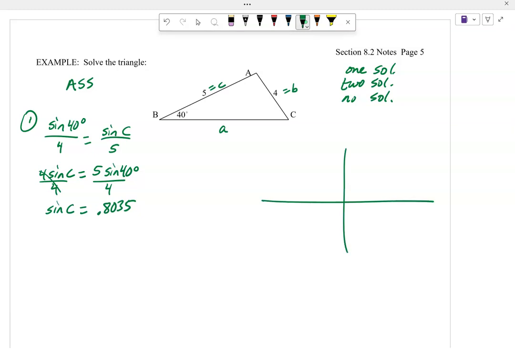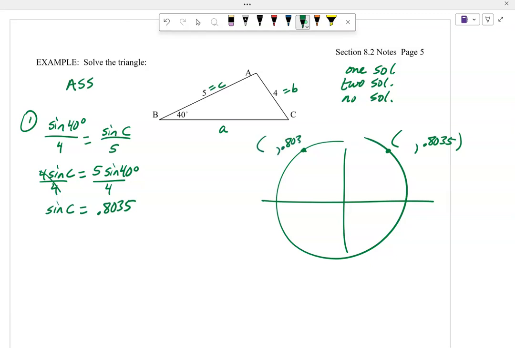So, there's two spots where you have a sine that's 0.8035. Two angles, I should say. Alpha or beta, right? So when I run this arc sine, it's only going to pop out the alpha because we had to restrict sine in order to find an arc sine.